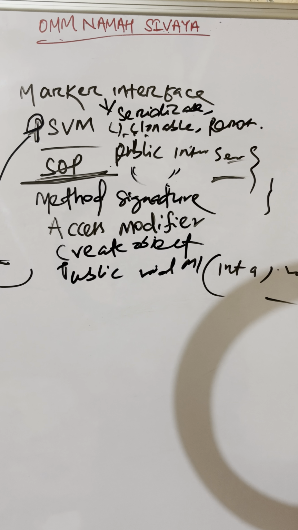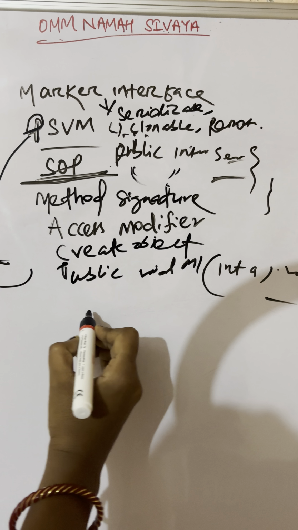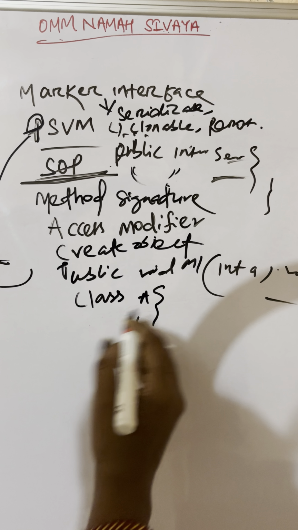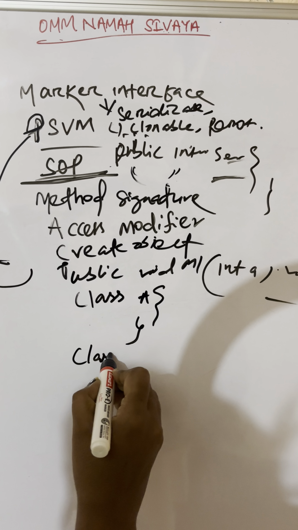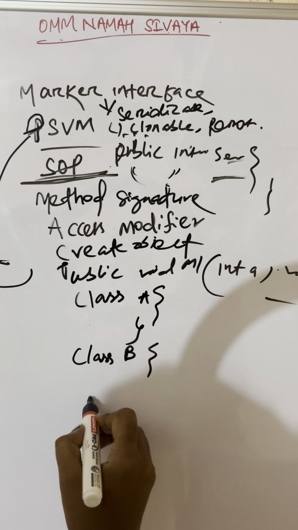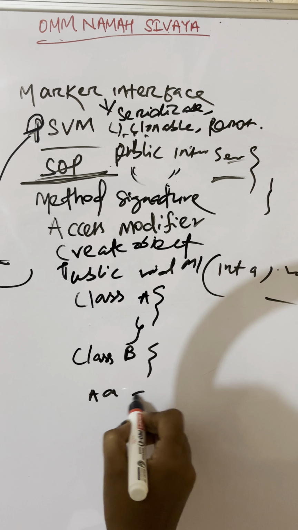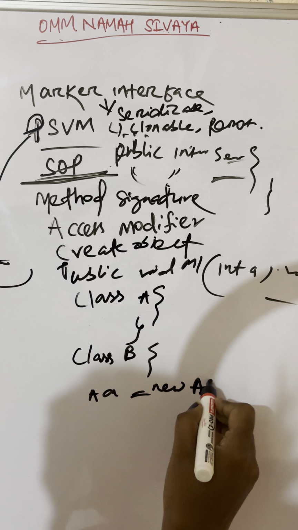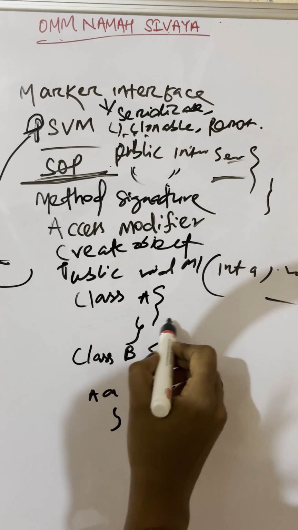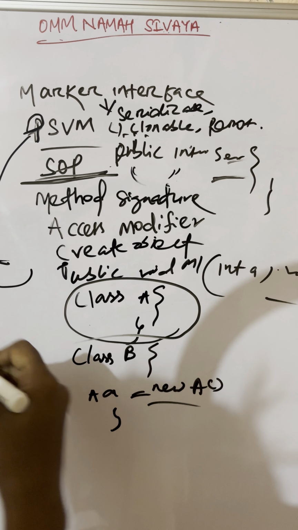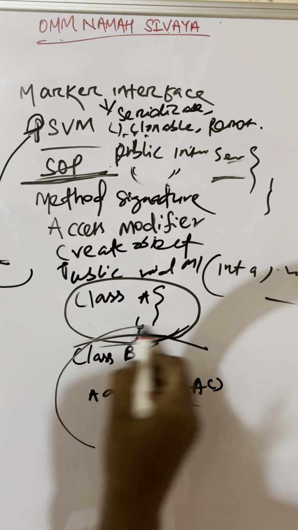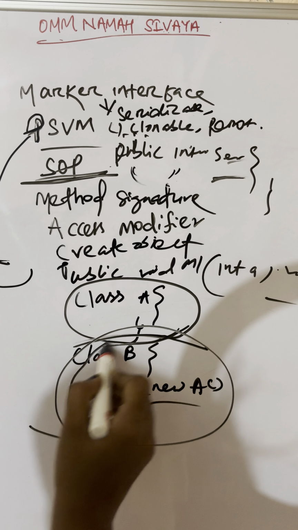Let me tell you, I have created a class A, then I create one more class B. In class B I am creating the method. If class A does not exist, what is the use of creating this class? How can I achieve class B?